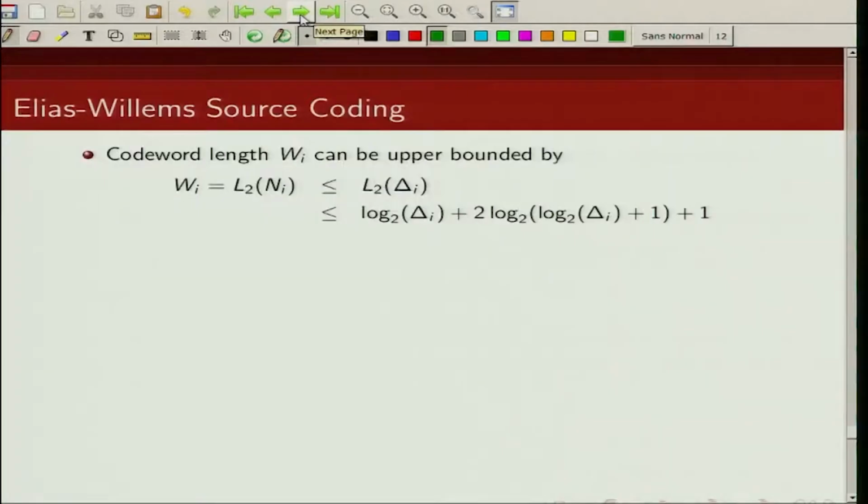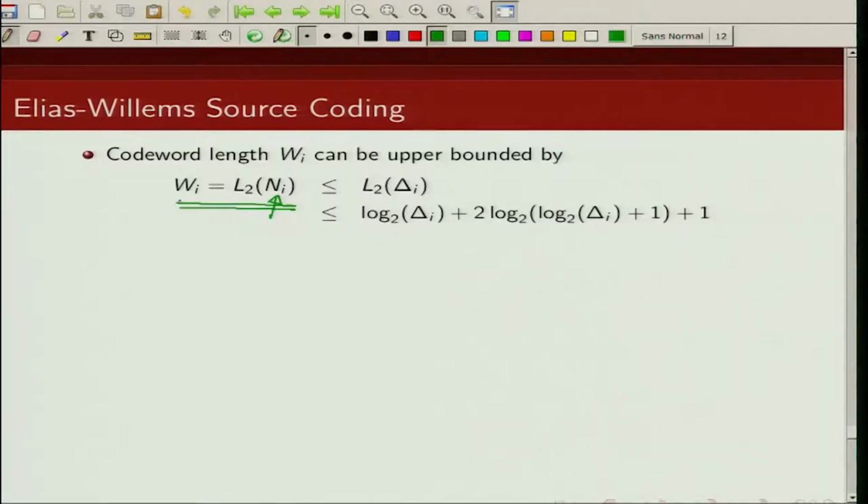So, what is the expected code word length? The code word length Wi is given by the length of Elias code 2 of Ni, the recency rank. Now, we have just now shown that this recency rank Ni is less than or equal to delta i.